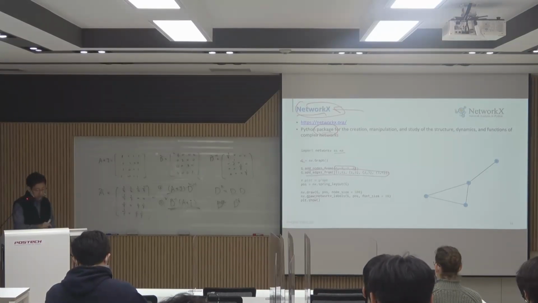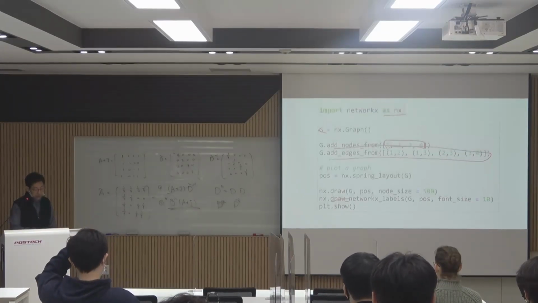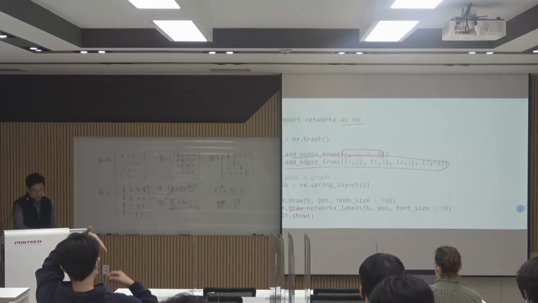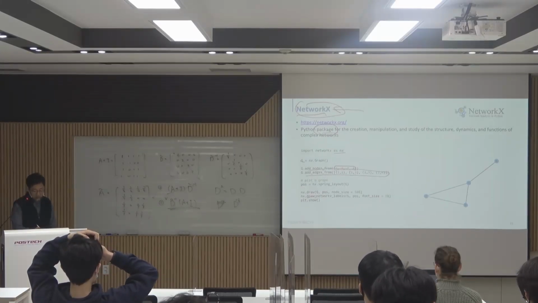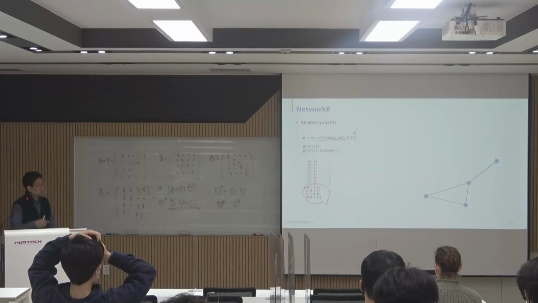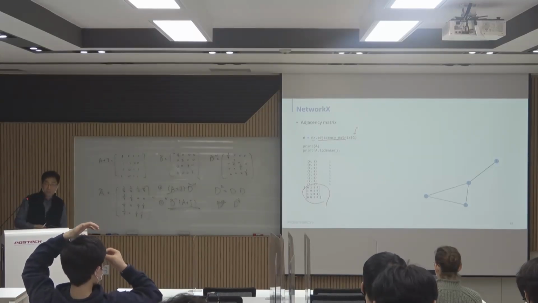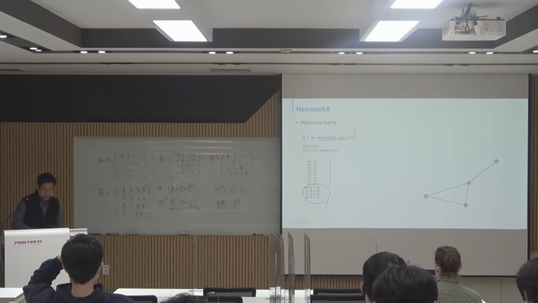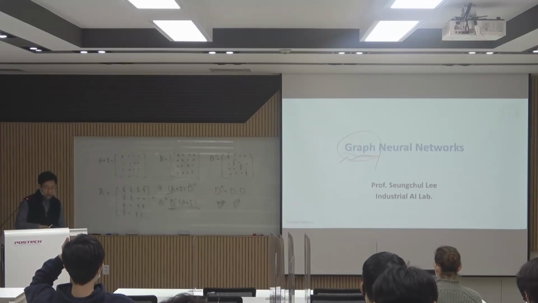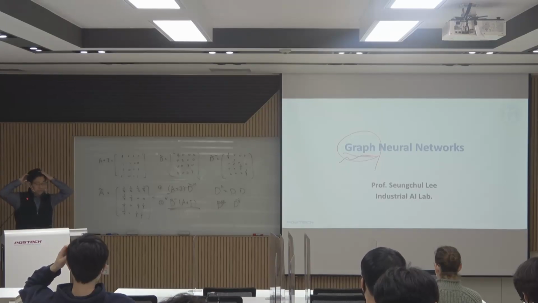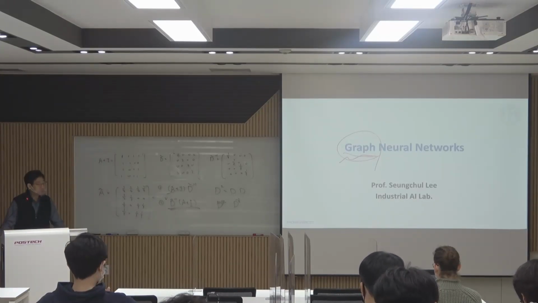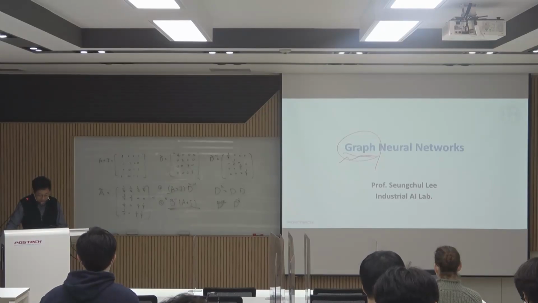So I'm just showing the easiest examples of how you define the graph, and then how to extract the adjacent matrix or the degree matrix, things like that. So that's kind of all of it. We have many more things we can talk about related to graphs, but I'm going to skip them and jump into graph neural nets.